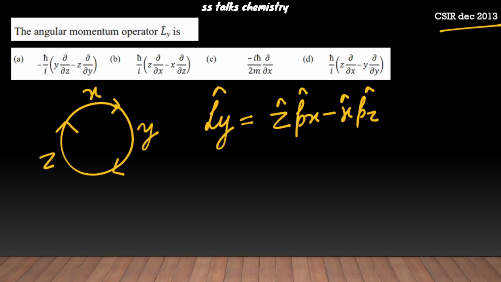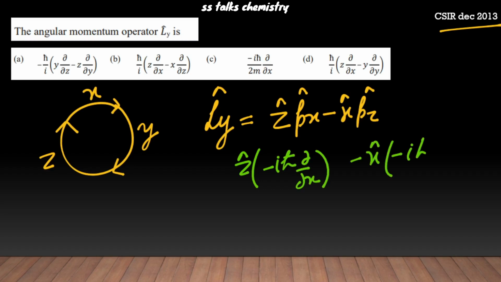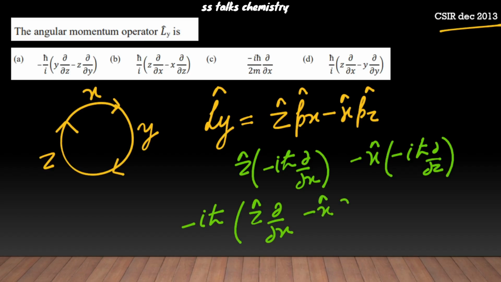Now px value and pz: it is z operator into minus iota h cut del by del x of it, minus x operator into minus iota h cut del by del z of it, right? So minus iota h cut I am taking outside. This becomes z operator into del by del x of it minus x operator into del by del z of it, right? Now multiply this and divide this with iota.